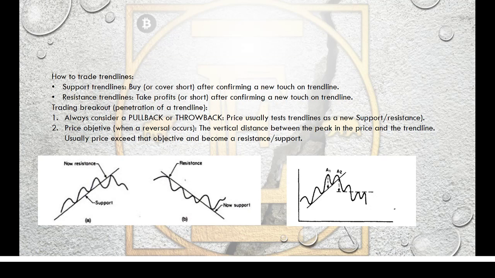You can see on the last figure, A1 is the maximum distance from the peak to the trend line, and then you draw the same from the penetration as the projection. So this is the standard breakout trend line trading. Usually price exceeds that objective and then it becomes the resistance or support. Supposedly it's the minimum target, but following the book is very dangerous in the crypto market because it's too tricky. But as a general concept, you need to know that.